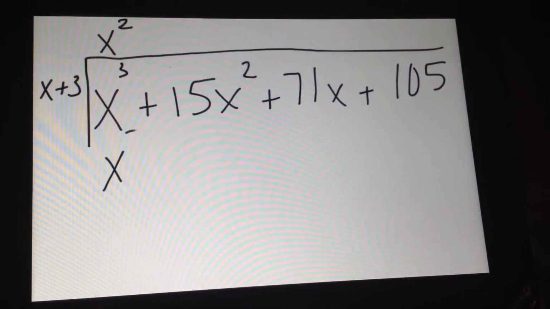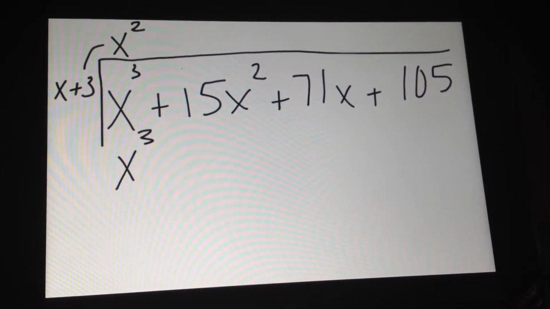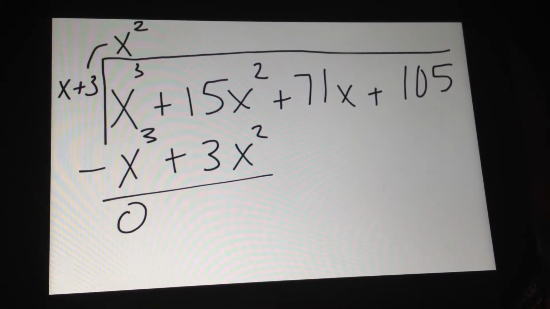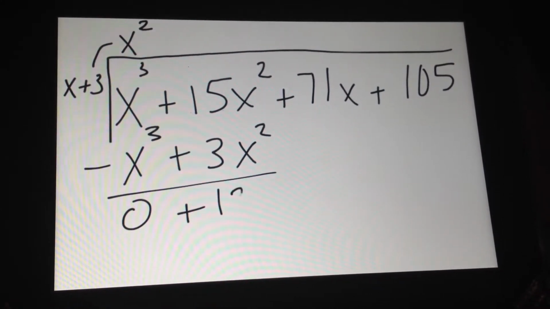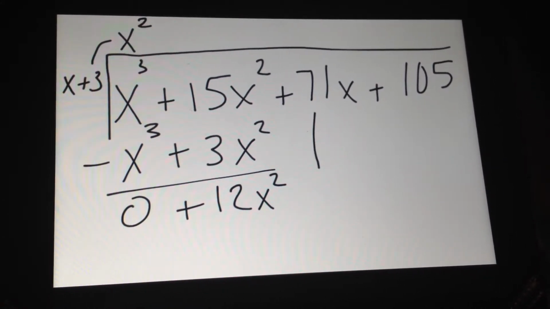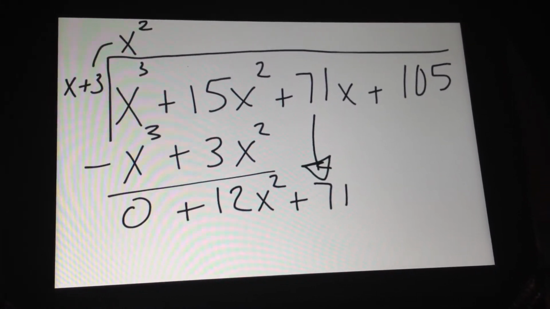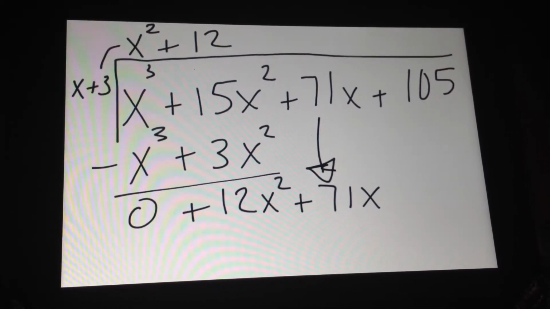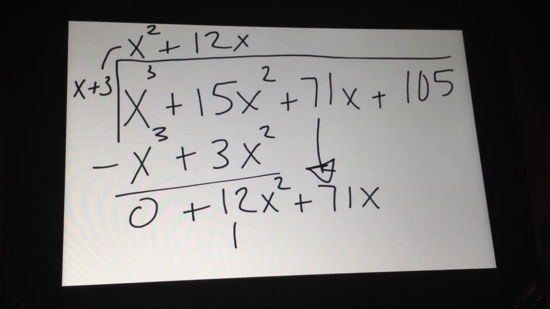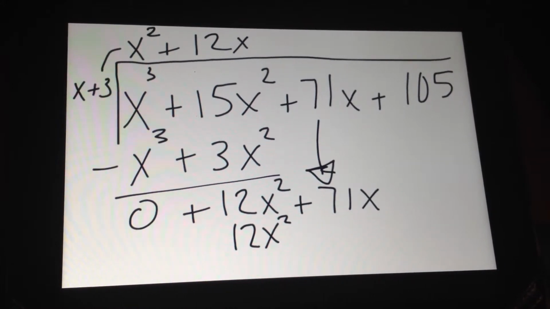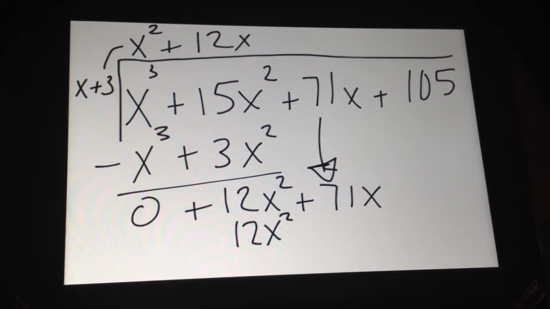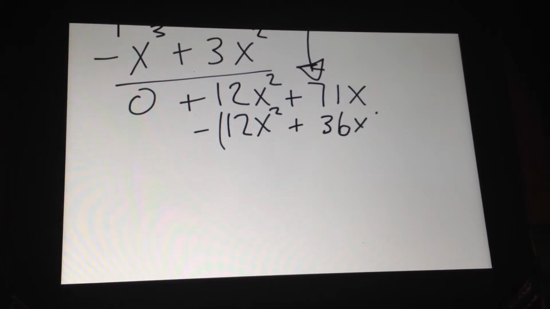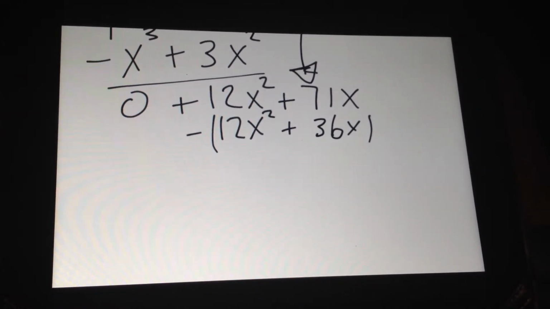So we have x squared, minus it. x times 12x equals 12x squared. 3 times 12x equals 36x, minus it, gives you 0.